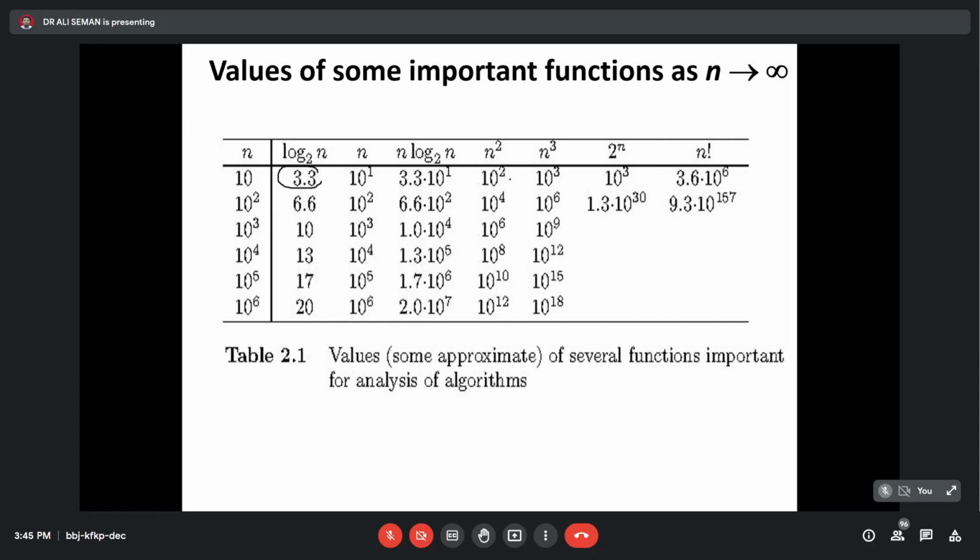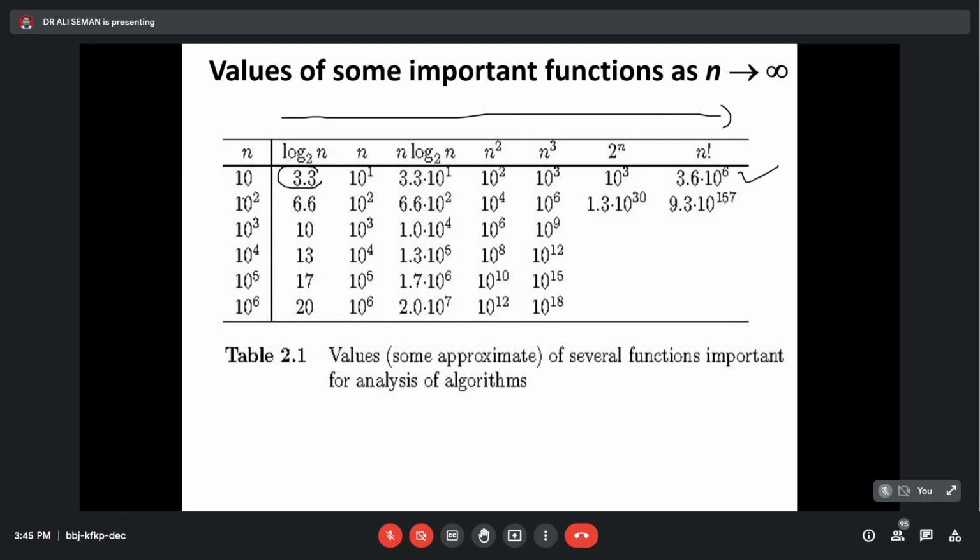If n squared, 10 times 10 is 100 milliseconds, and n cubed is around 1000 here. And for 2 to the n, about 10 to the power of 3, and if n factorial, about 3 times 10 to the power of 6. This is how we can see these are from the lowest here until the highest here.